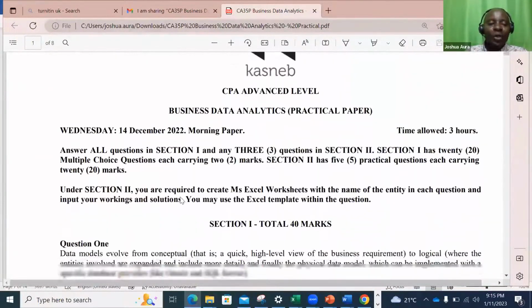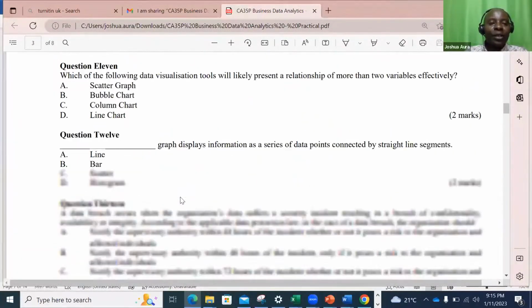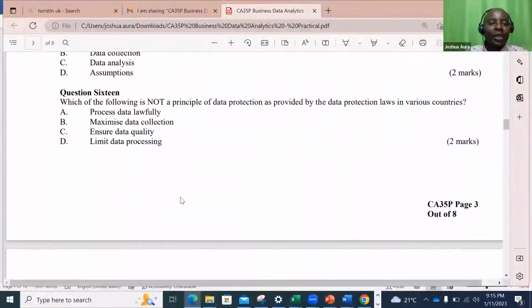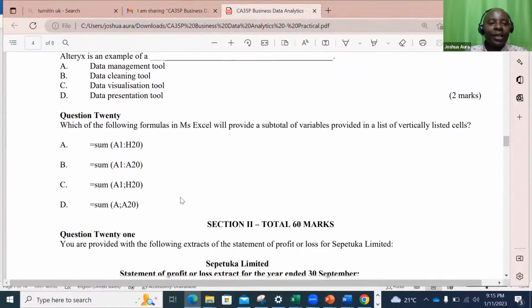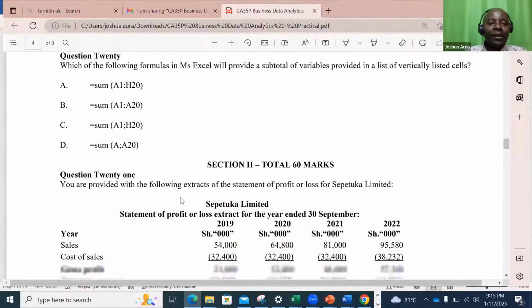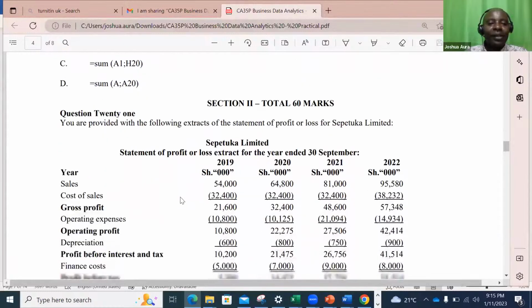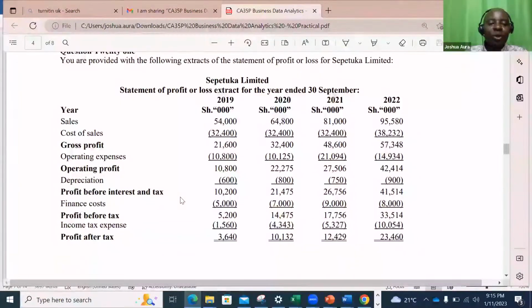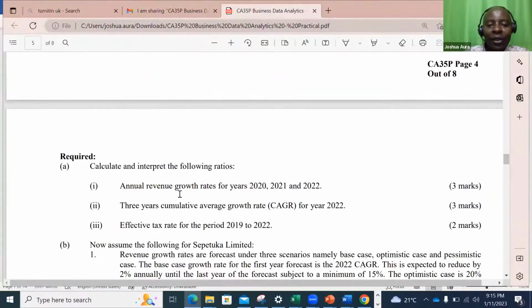We have the theory section, which has 20. And then now we have section 2 here. Section 2, like here, calculate annual gross revenues, etc.